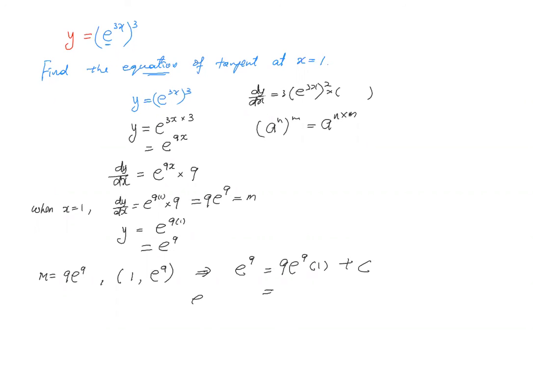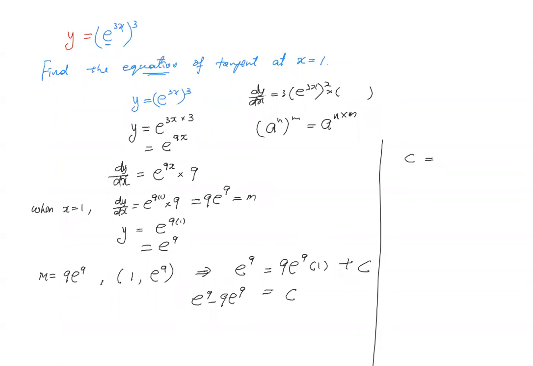So e to the power 9 minus 9e to the power 9 equals c. So what is my c? Jen, how? What is c? c is e to the power of 9 minus 9e to the power 9.